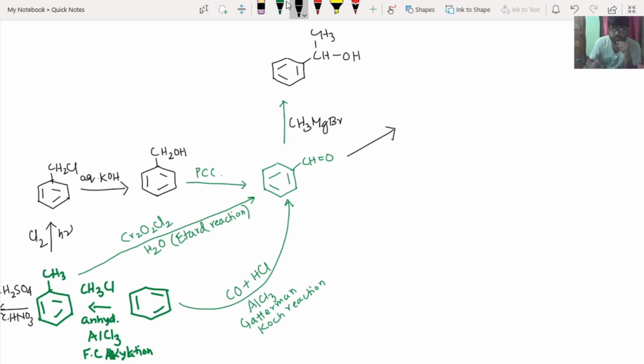If benzaldehyde is treated with CH3CHO in presence of mild base, what is going to happen? Crossed aldol. So what should be the product? Let us try to write down the product.